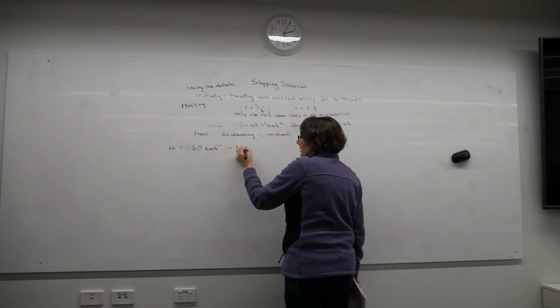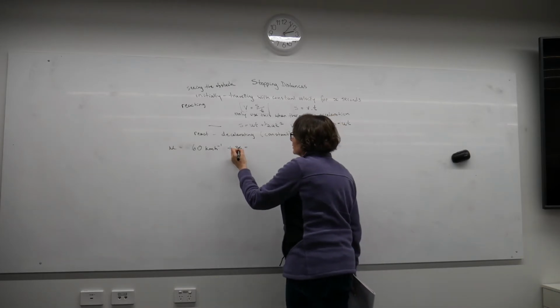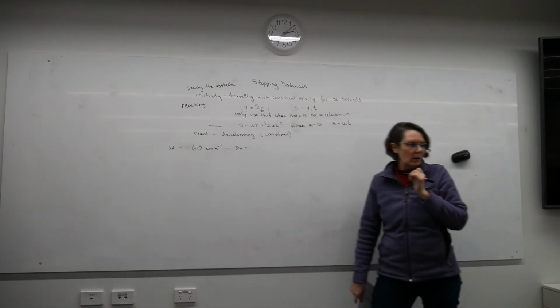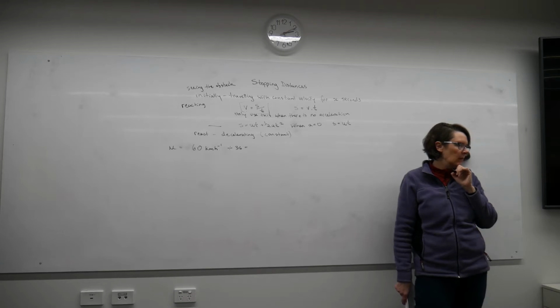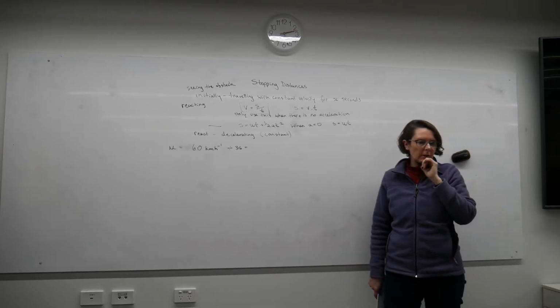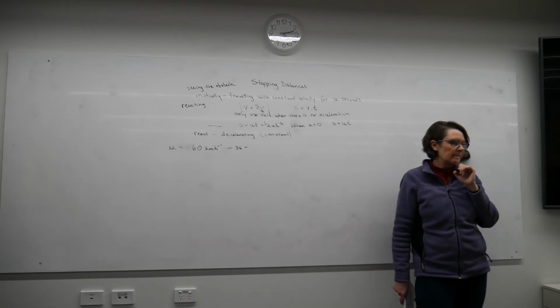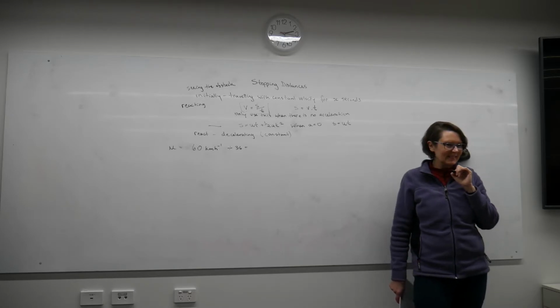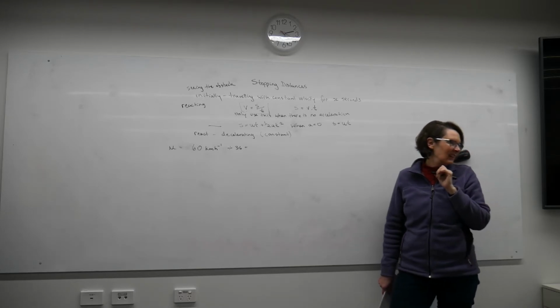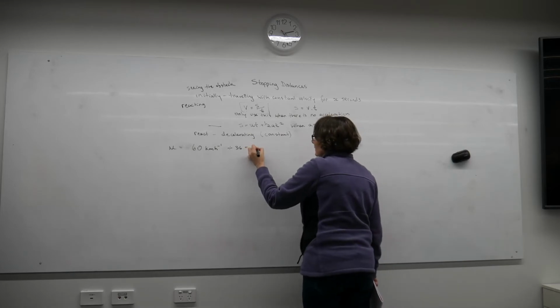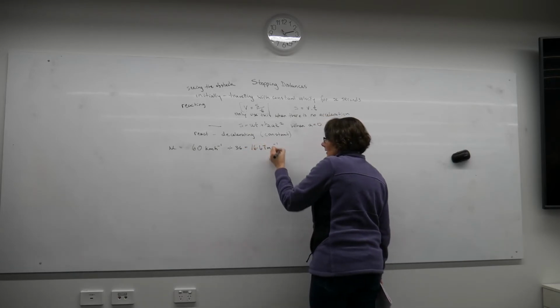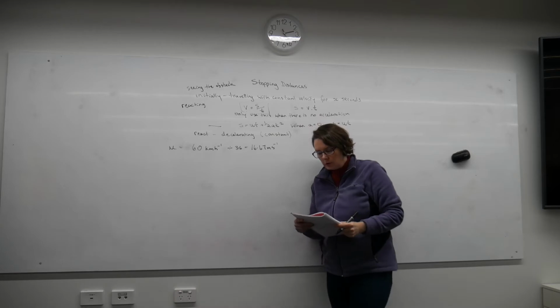So what's 60 divided by 3.6? 16.66. Okay, so we know our initial velocity.